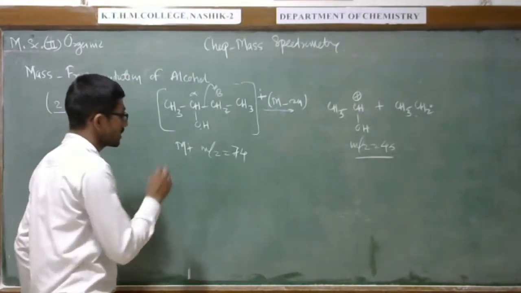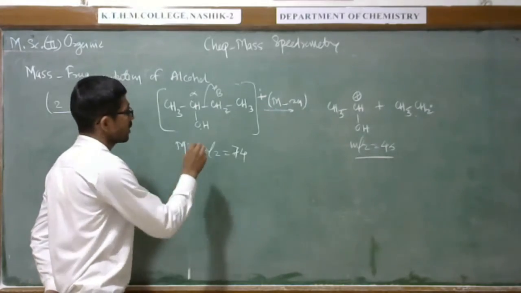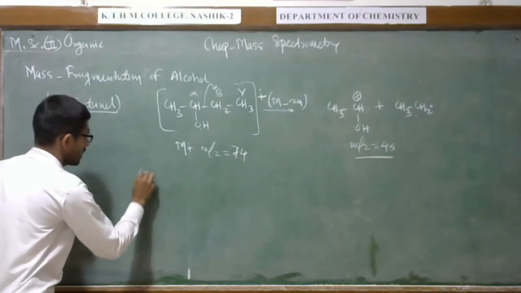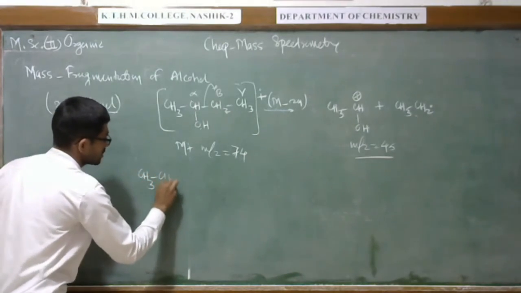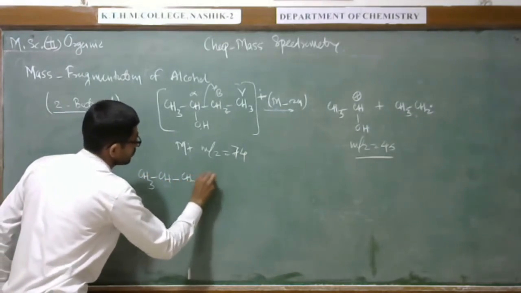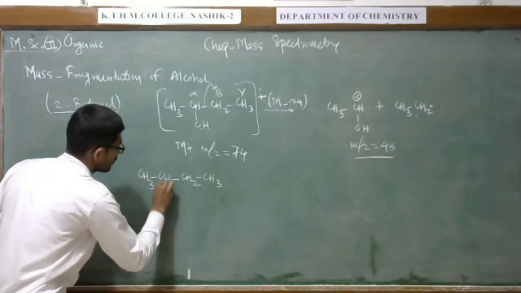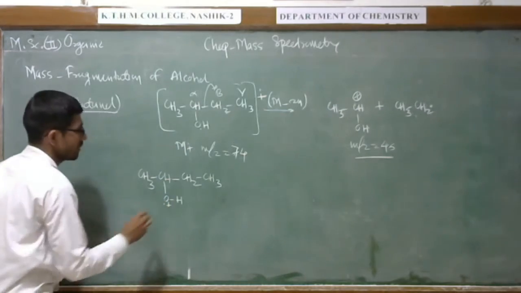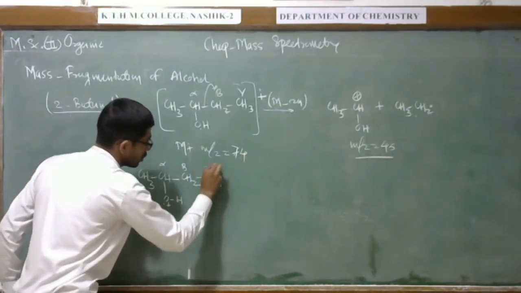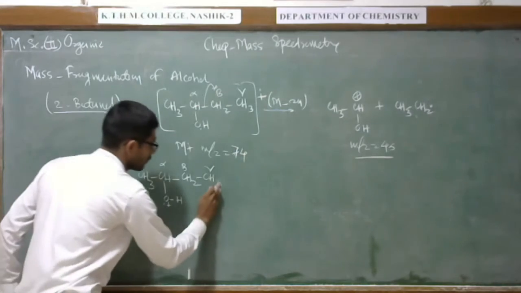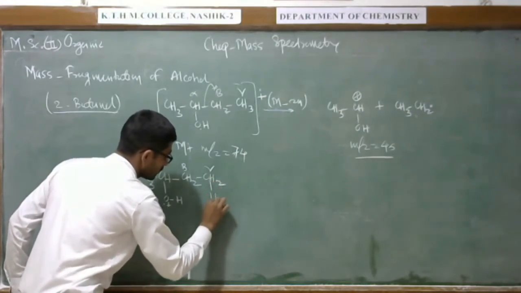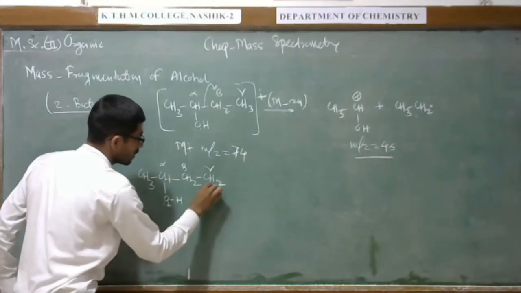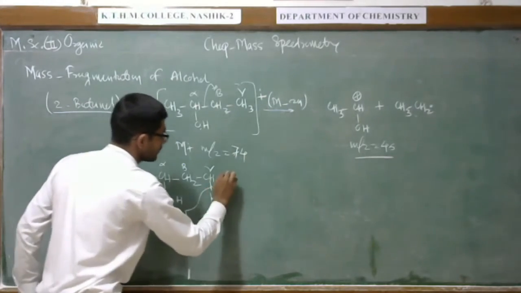Next, in this compound we can observe the gamma hydrogen. When gamma hydrogen is present, we can write CH3, CH, CH2, CH3. So we can write the molecular ion in this way for showing the loss of water molecule when gamma hydrogen is present. This one electron remains as it is here.